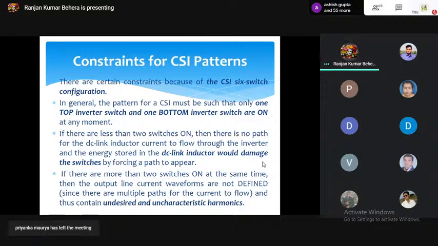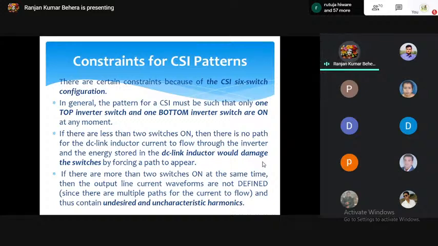Uncharacteristic means you cannot define them. For example, with a square wave, we get the fundamental, then third, fifth, all odd harmonics. When you have a quasi-square wave, you will have the absence of the third and multiples of three harmonics, but you will have fifth, seventh, and so on.